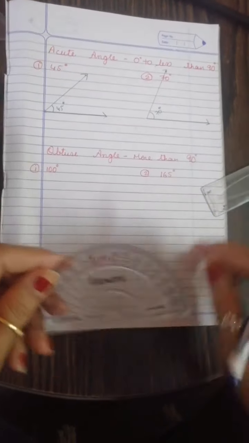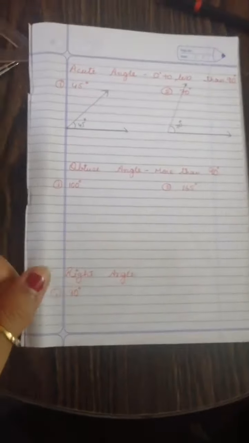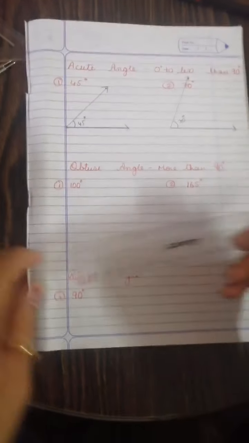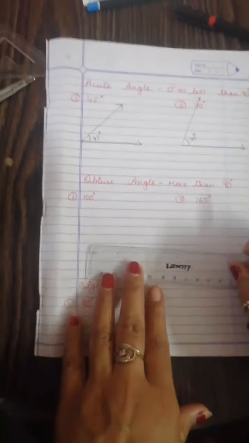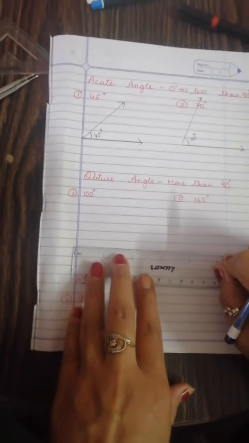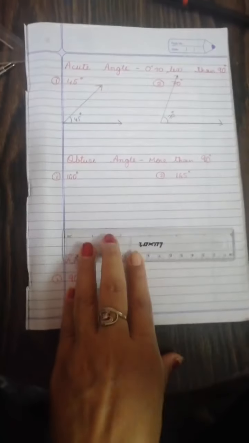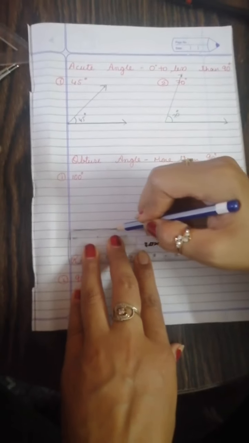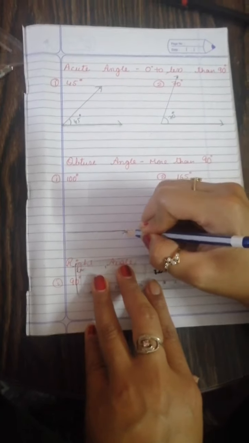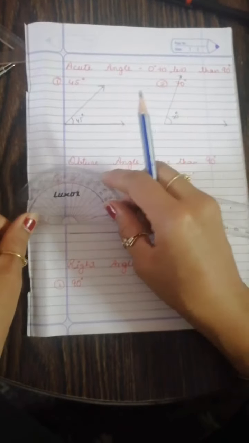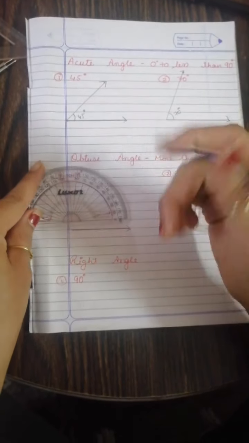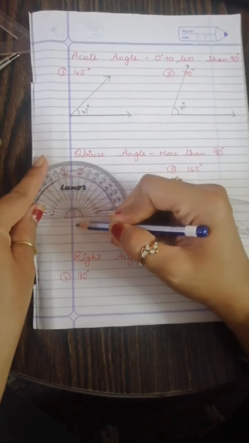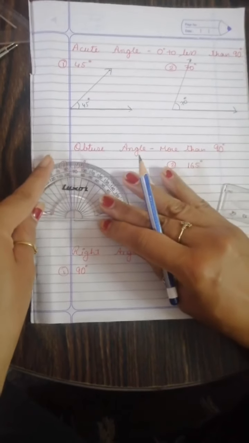Now obtuse angle. Obtuse angles are the angles that are more than 90 degrees. So we are going to make 100 degree. So we will again take our scale and make a ray. We'll take a protractor, keep the baseline on the ray and this center point on the starting point of our ray.